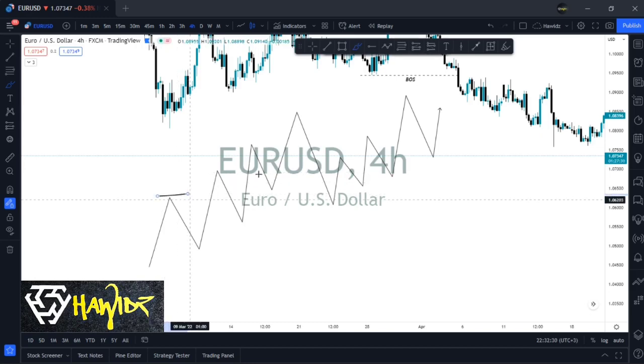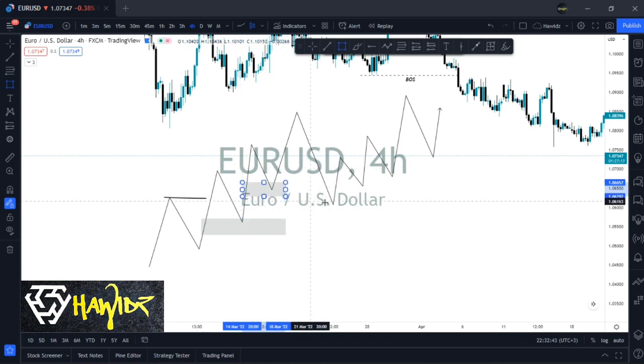So price breaks structure, and after this structural high is broken, we're waiting for the pullback. The pullback to what? A certain demand zone that's in here, right? These certain demand zones, right? So and price retraces. So when price retraces, then we're gonna buy here, right? We're gonna have our buy orders here.